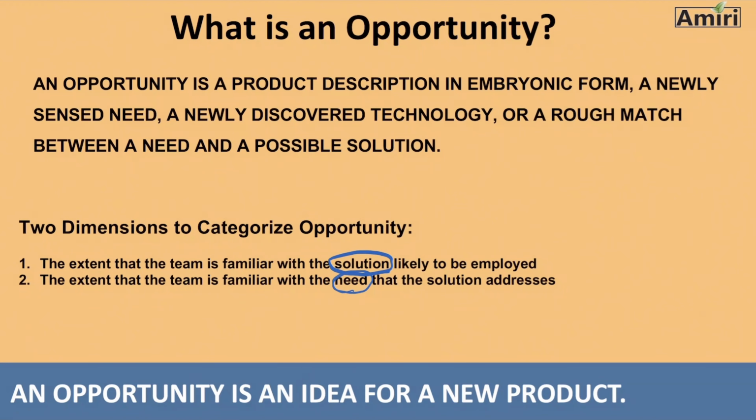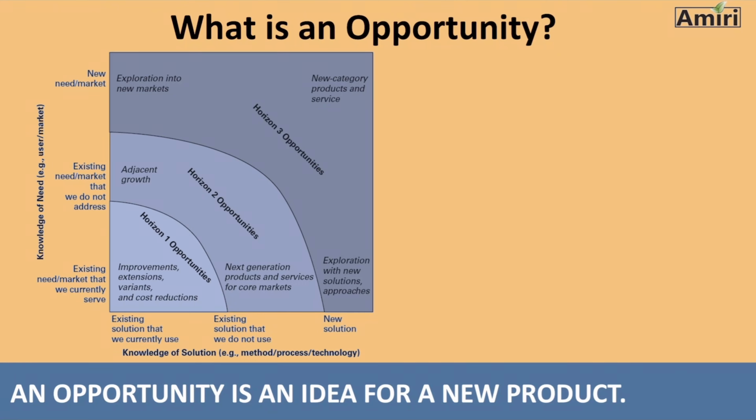So the solution and the need are the two main dimensions. They're plotted here: the horizontal axis is the solution, and the other one is the need, or you can also call it the market.